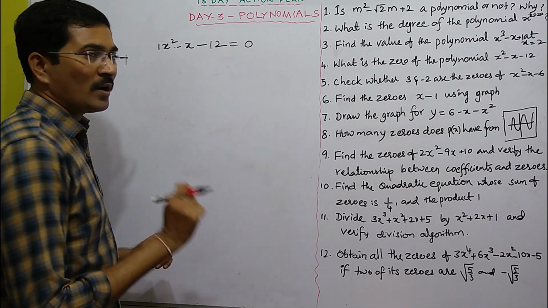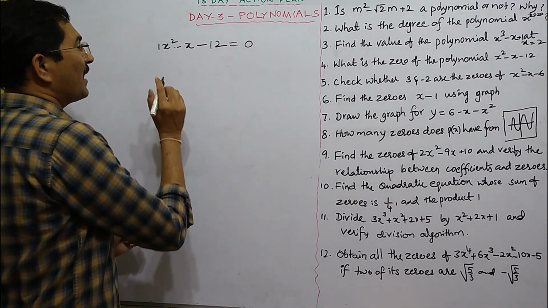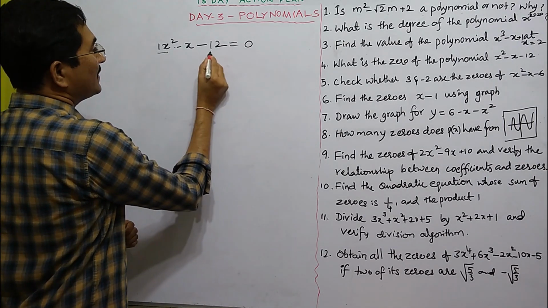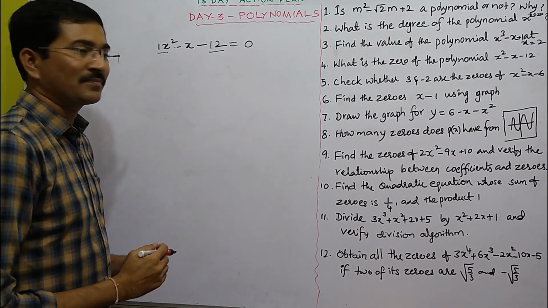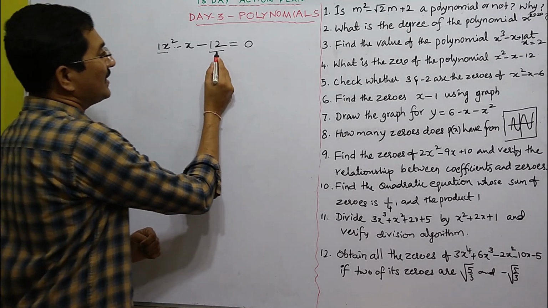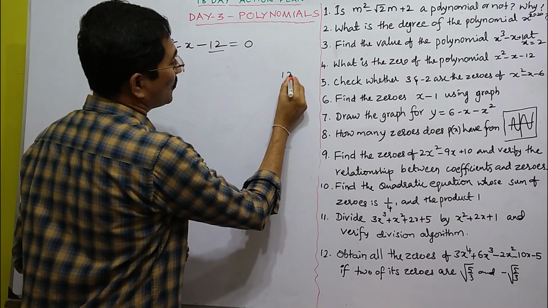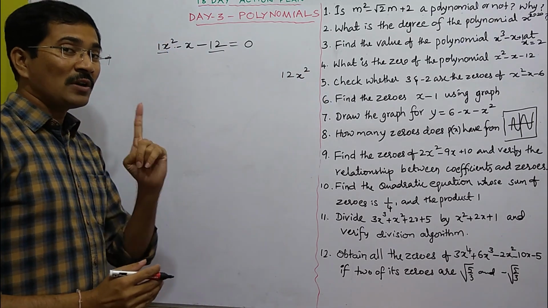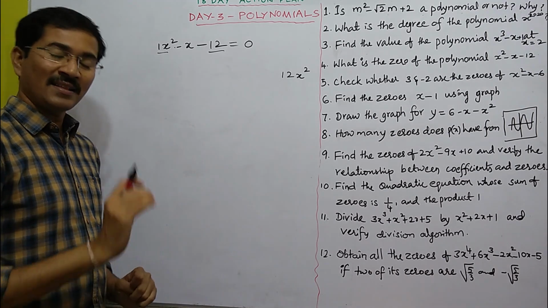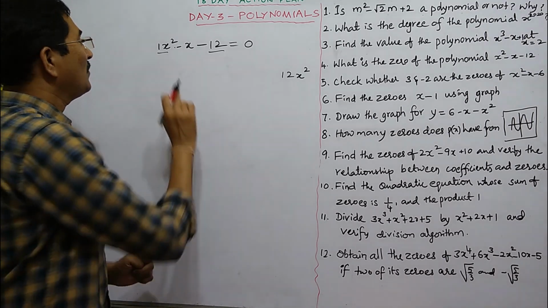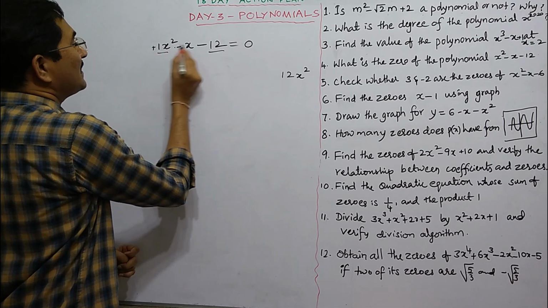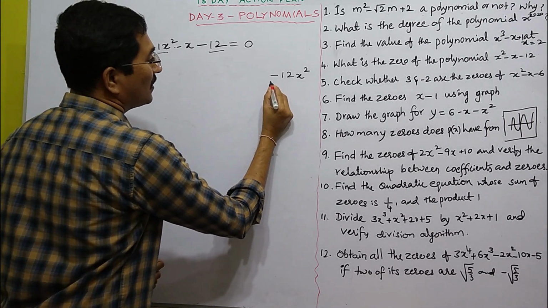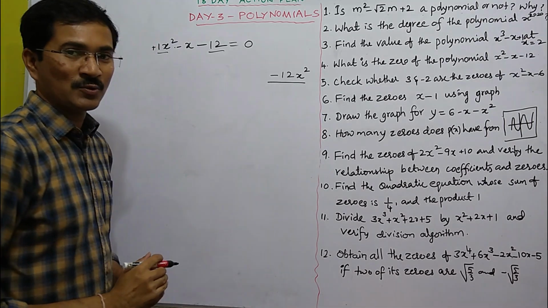Now what you should do is multiply the first term and the last term. So 1x square into 12 is 12x square. But coefficients also have symbols, and the symbols are also important. So here we have a plus symbol. So plus into minus is minus. So all that we need is minus 12x square.